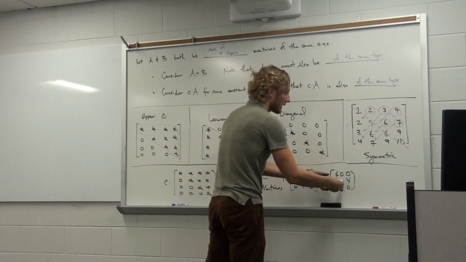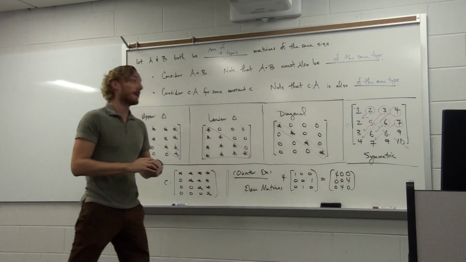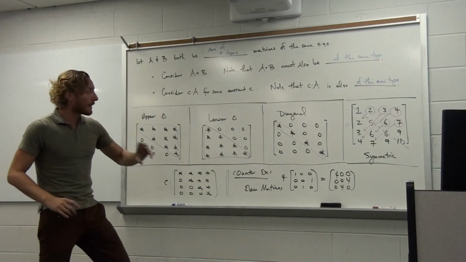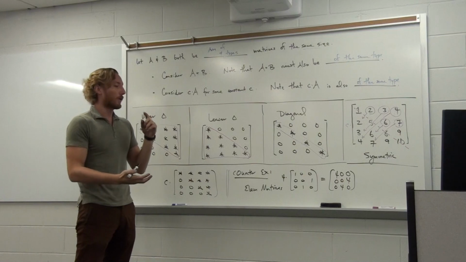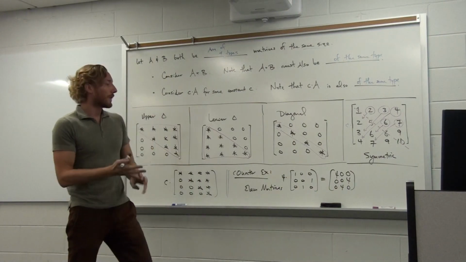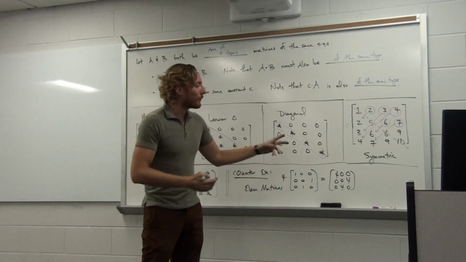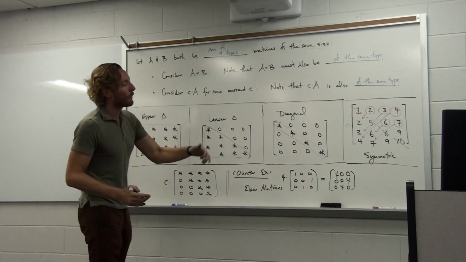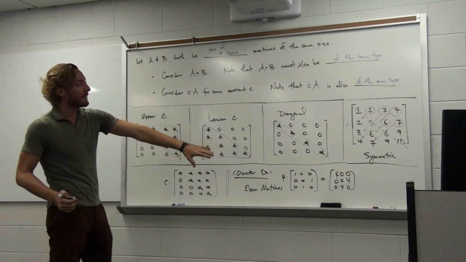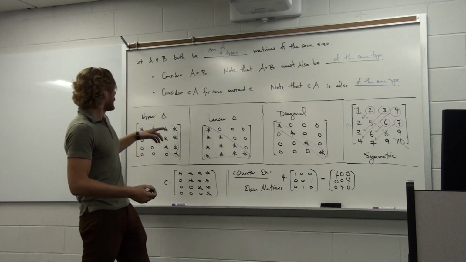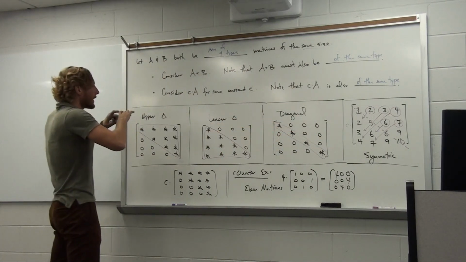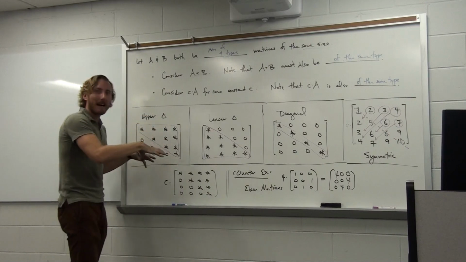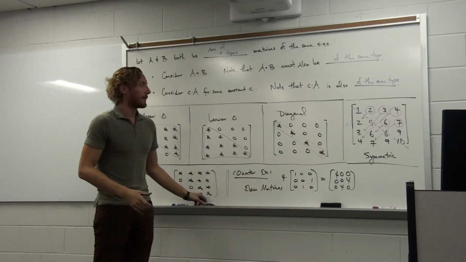This may be a collection of elementary operations, but it is not in and of itself an elementary matrix, because an elementary matrix is an identity matrix with rows switched, or with one row added to another, or with a single row multiplied by a constant, and that is not the case here. So whereas the upper, lower, diagonal, and symmetric matrices remain of that kind when you multiply by a constant, the same cannot be said for elementary matrices.